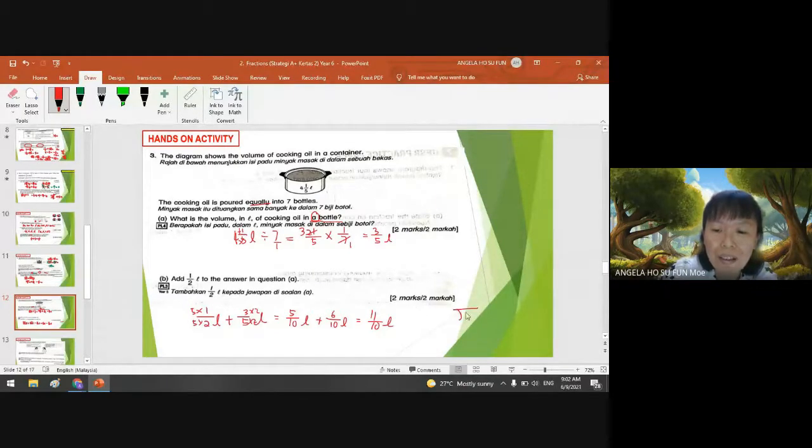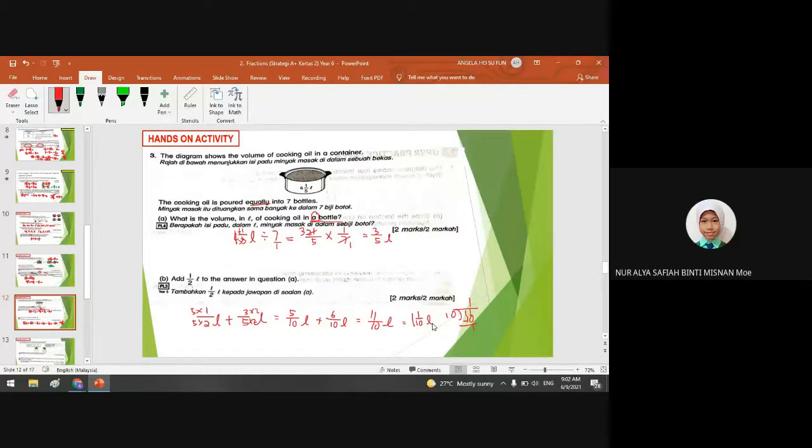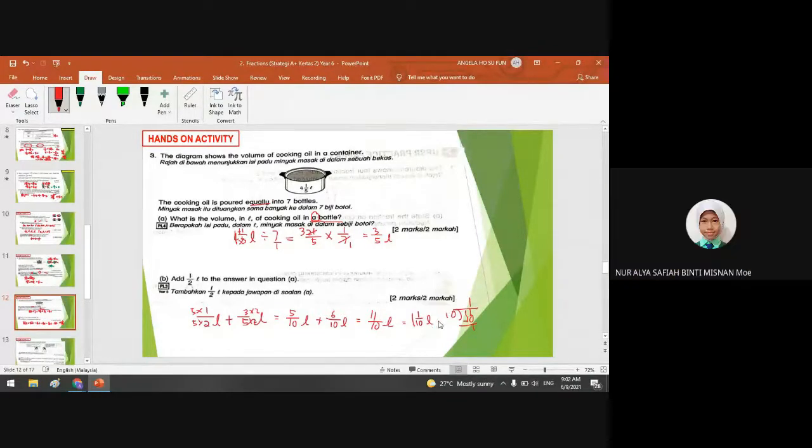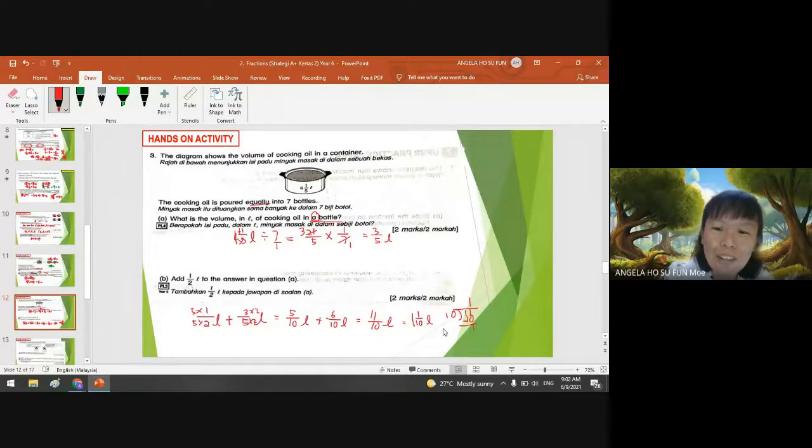Divide 11 by 10. 10 times 1 is 10. Remain 1. So your answer is 1 over 10 liter. Did you say just now 1 over 10 liter? Yes. Alia. All right, congratulations.